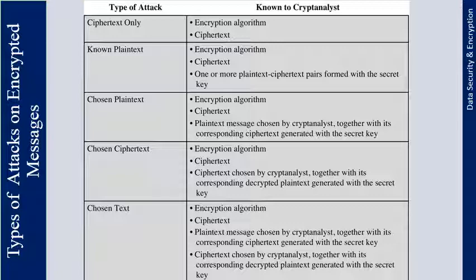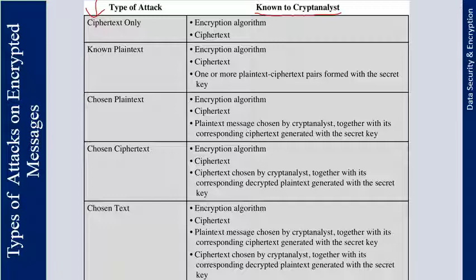This table summarizes the various types of cryptanalytic attacks based on the amount of information known to the cryptanalyst. So these list the types of attacks and the information known to the cryptanalyst. The most difficult problem is presented when all that is available is the ciphertext only.